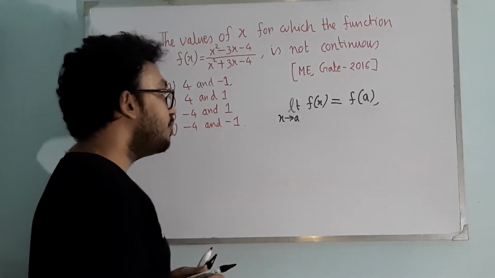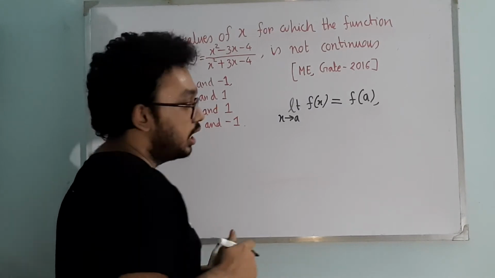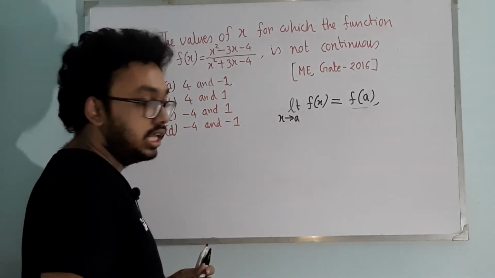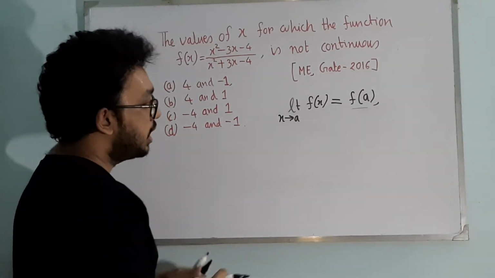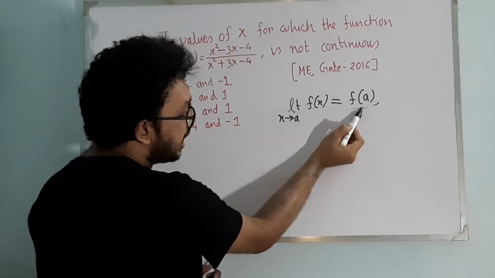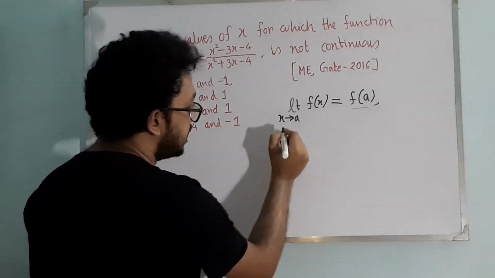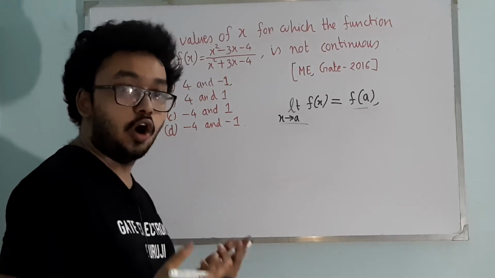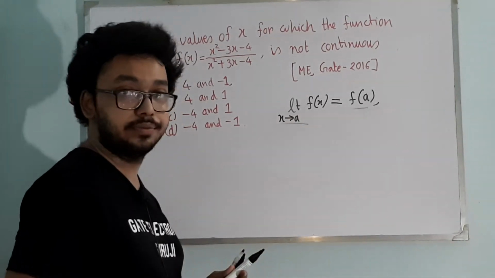Because you can write this equality sign only when f(a) and the limit of f(x) when x tends to a are both defined. Only then you can ask the question whether they are equal or not.